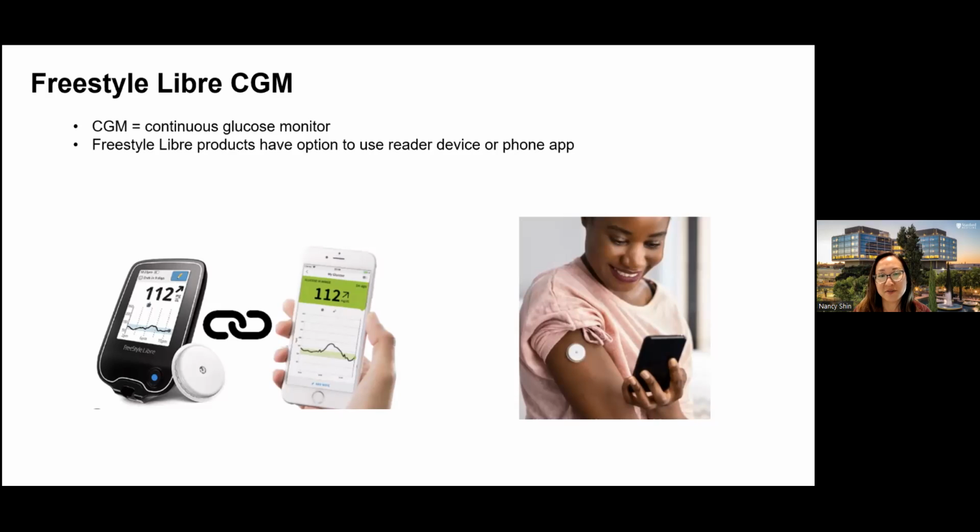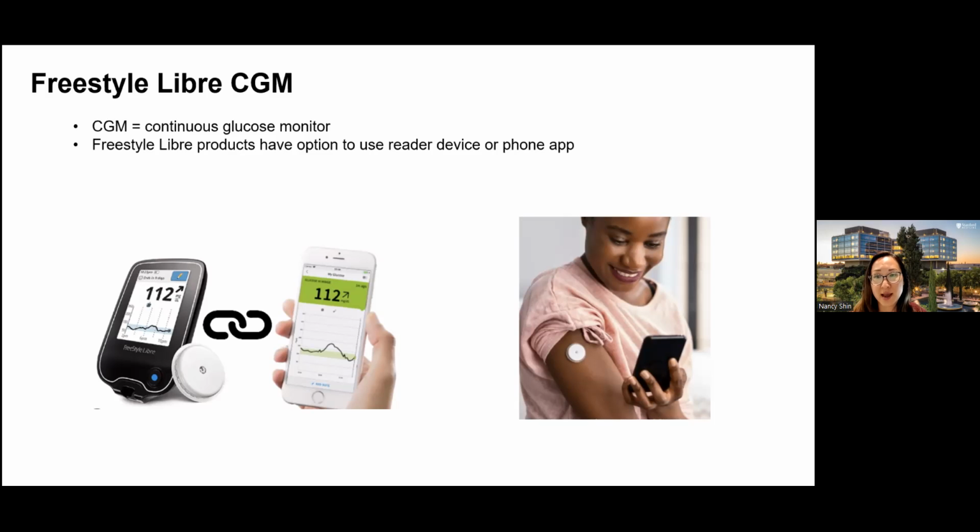Freestyle Libre products have gone through a lot of changes over the last several years, so there are many models available on the market. Some of the prior models, and actually currently, require scanning, and you can get a reader to scan your sensor.